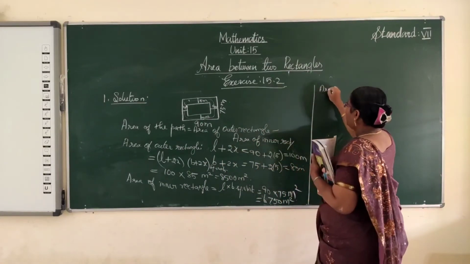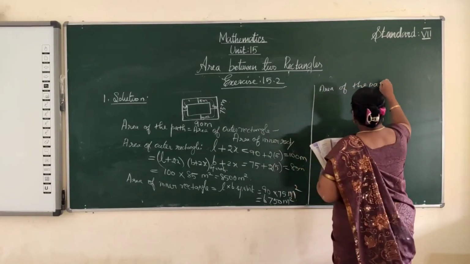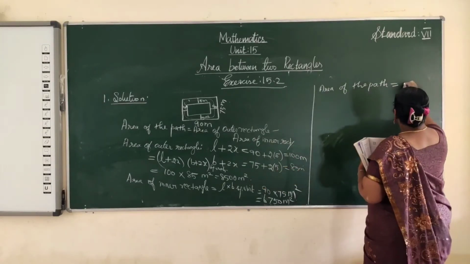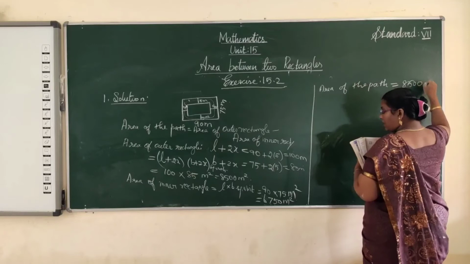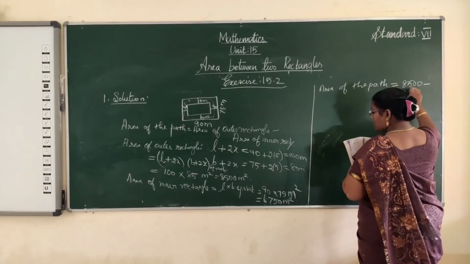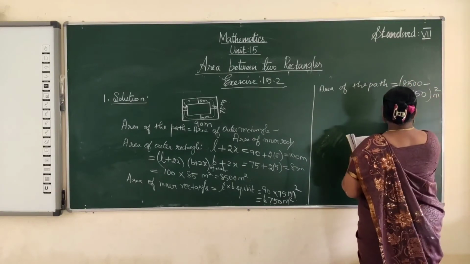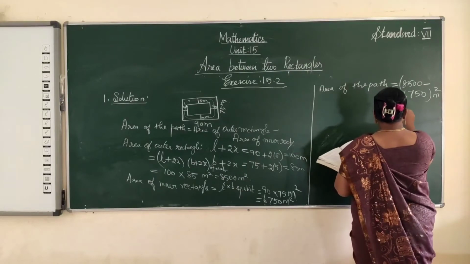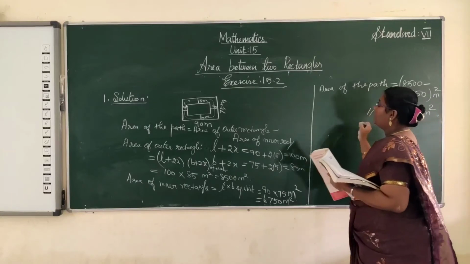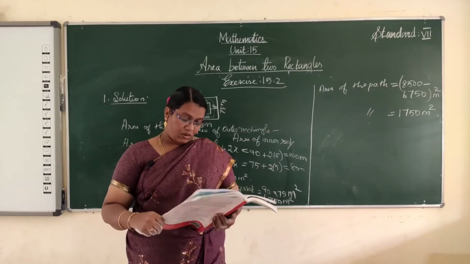So area of the path is equal to area of the outer rectangle, 8500, minus inner rectangle, 6750 meters square. Subtract, what we get is 1750 meters square. So area of the path is equal to 1750 meters square.